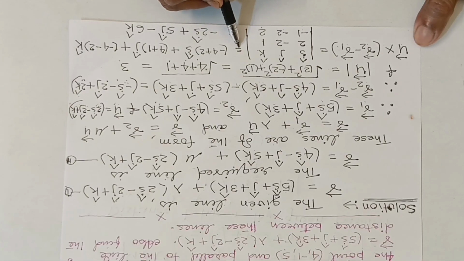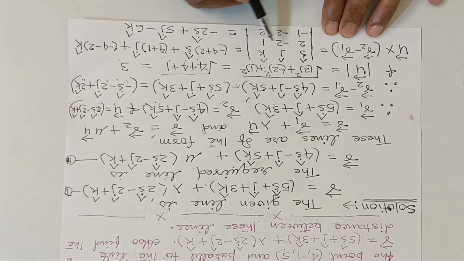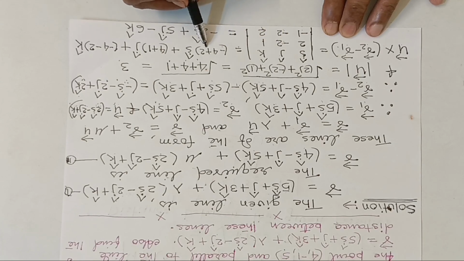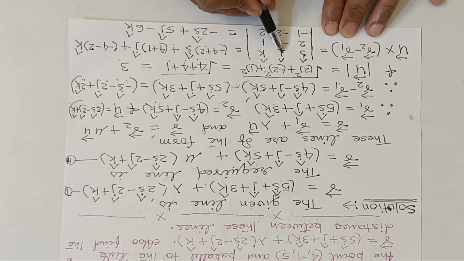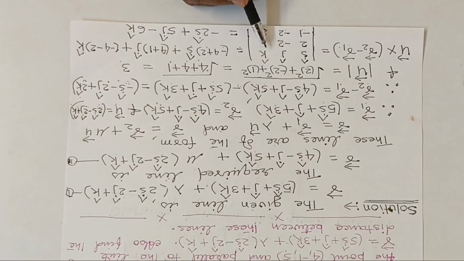Solving it, it is equal to i into (minus 2 into 2, minus 4, minus 2 into 1, minus 2), so minus 4 plus 2 into i; plus j into (2 into 2, 4, minus 1 into 1, minus 1), so 4 plus 1 j; plus k into (2 into minus 2, minus 4, minus minus 1 into minus 2, 2), so minus 4 minus 2 k.